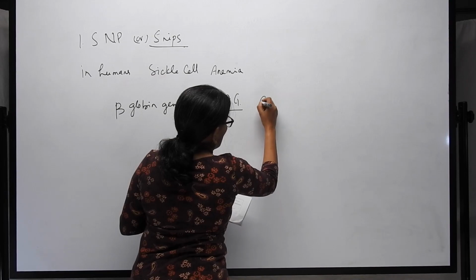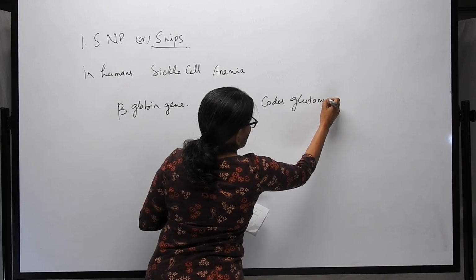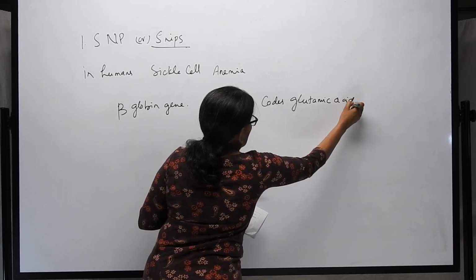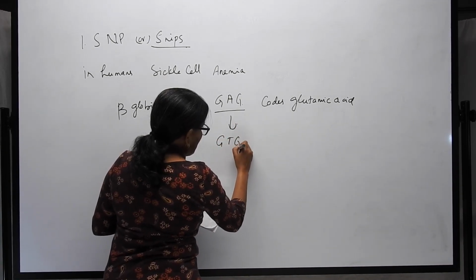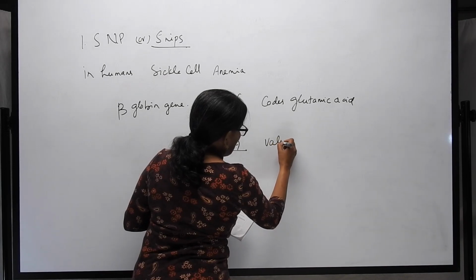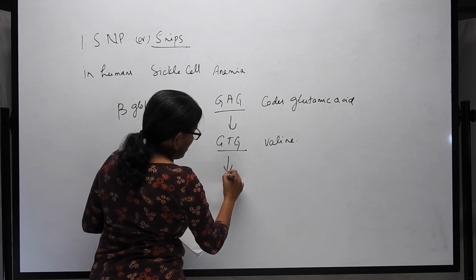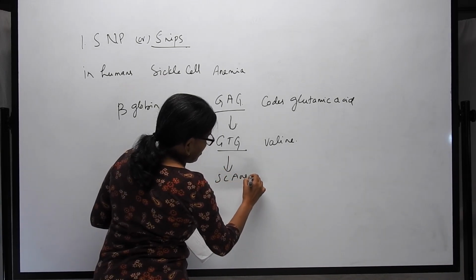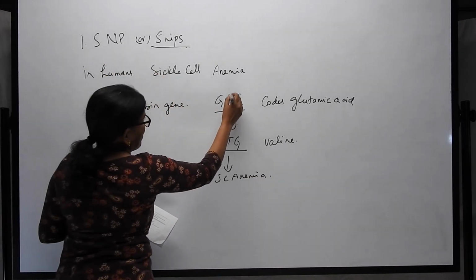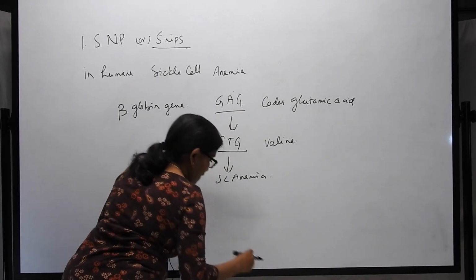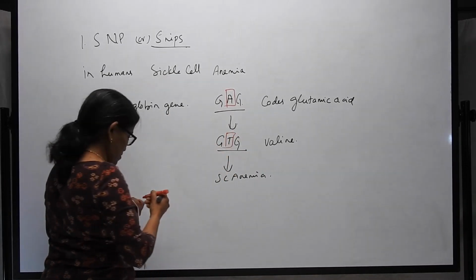GAG codes for glutamic acid, which is the normal condition, and it gets changed to GTG, which codes for valine. The change from glutamic acid to valine results in sickle cell anemia. That's why it is a single nucleotide polymorphism: the A turns into T.